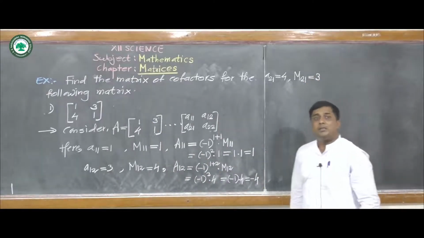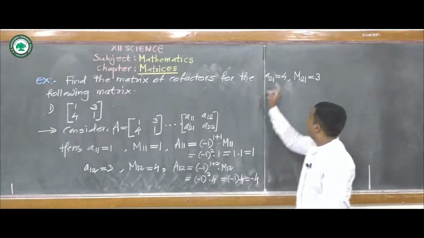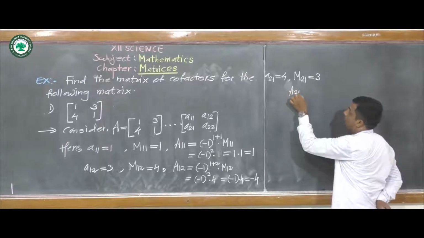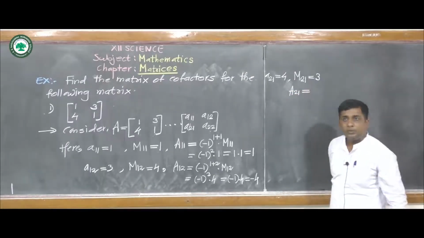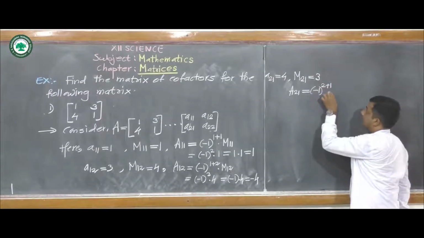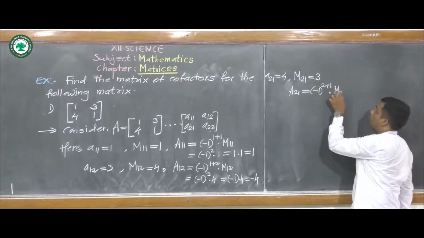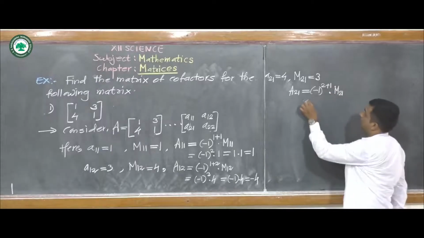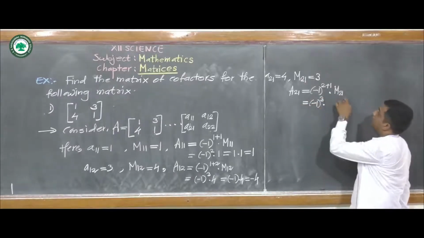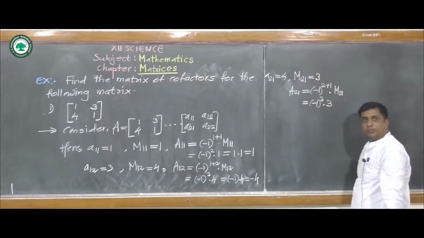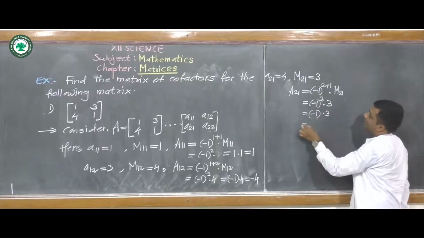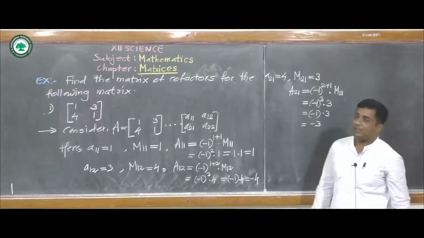Now to find the cofactor for the given element, we use A21 is equal to minus 1 raised to 2 plus 1 into M21. This is equal to minus 1 cubed into 3, which is minus 3.